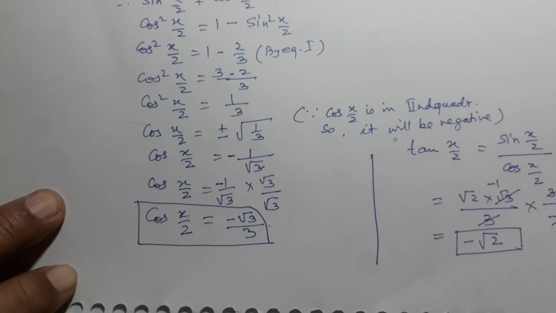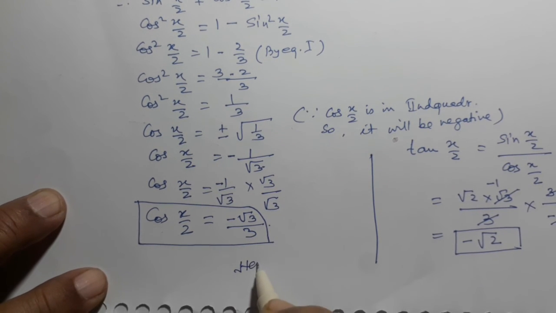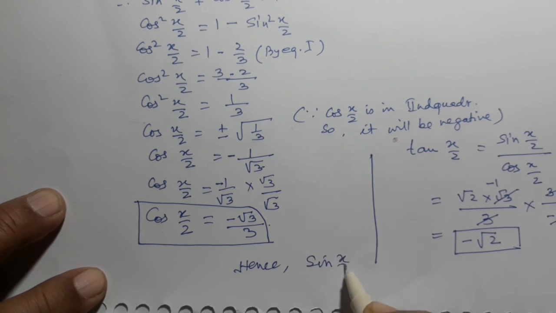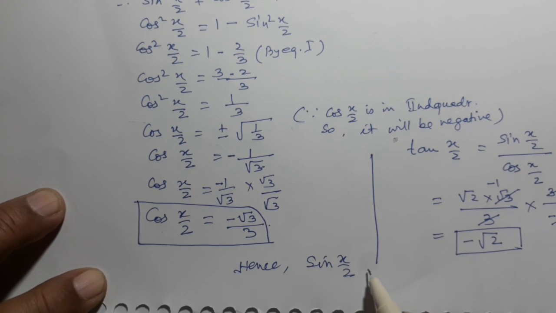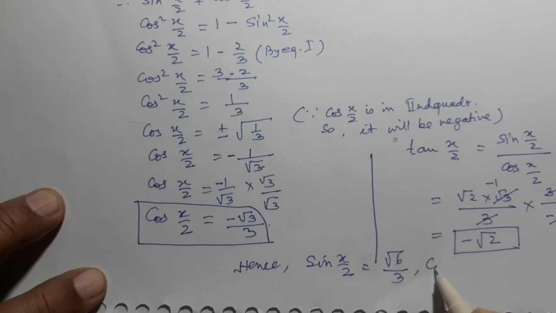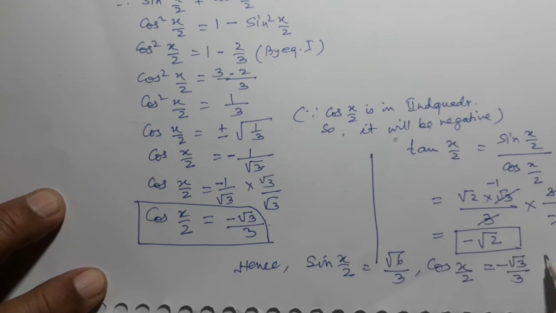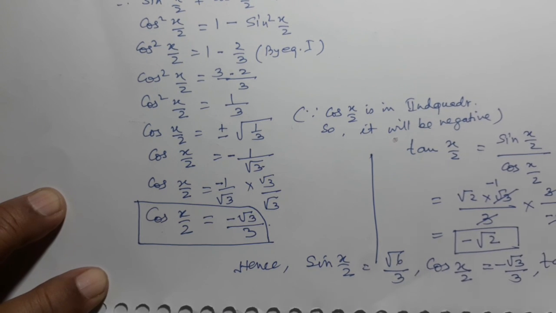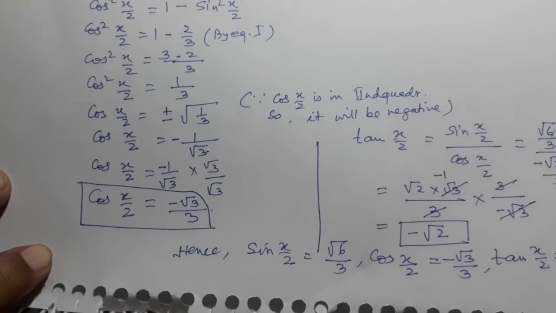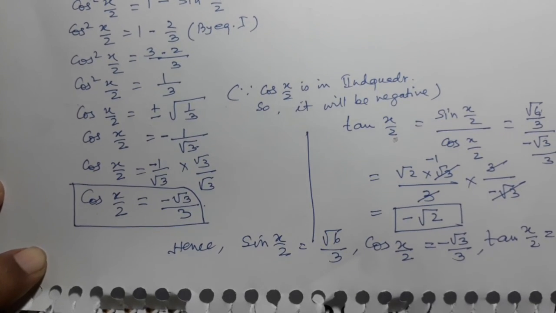Hence sin x by 2 is root 6 by 3, cos x by 2 is minus root 3 by 3, tan x by 2 is minus root 2. Right? This is our answer.